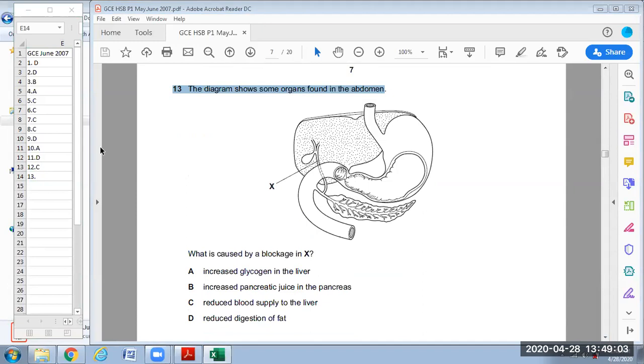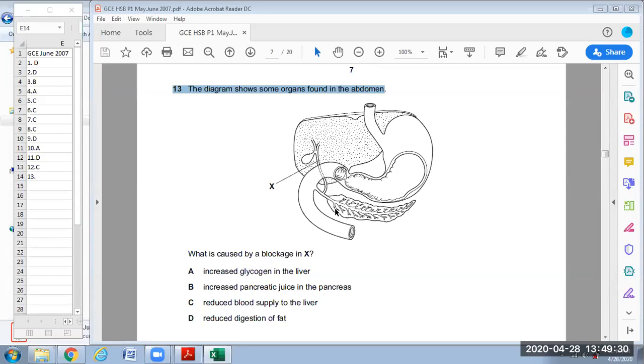Number 13. The diagram shows some organ found in the abdomen that is caused by a blockage in X. So X is the bile duct. So if that is cut off, or blocked, sorry, you're not getting bile. Right, so let's see. What is caused by blockage? A, increased glycogen in the liver.